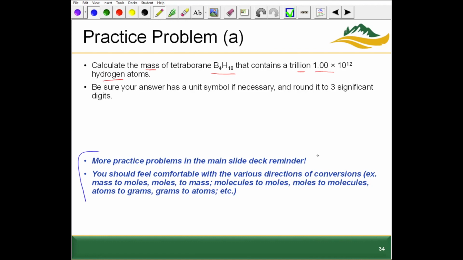Again, more practice in the main slide deck. What I want you to get comfortable with is the different combinations. So mass to moles, moles to mass, molecules to moles, moles to molecules, atoms to grams, grams to atoms. So all these different combinations you should start to get really comfortable with.